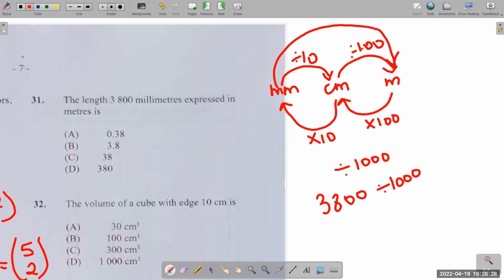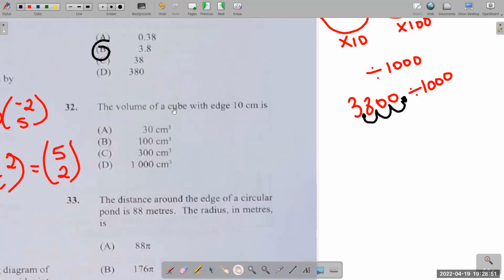Where do we put the point? If I gotta put a point to move it, where do we put it? We put it to the back and we jump 3 times to the left. 1, 2, 3. So the answer is B.